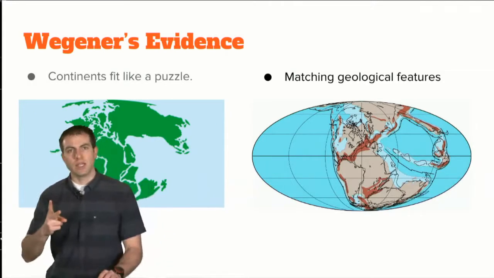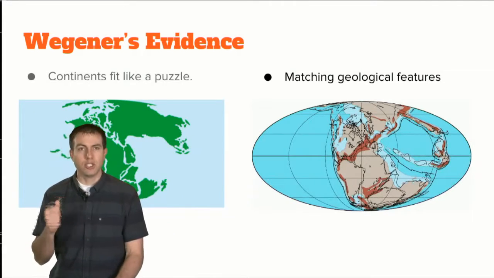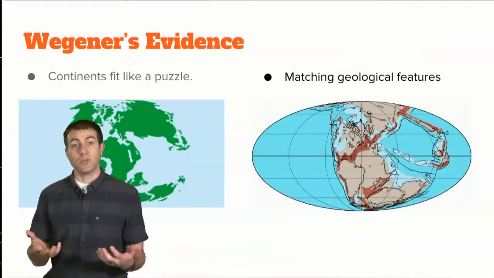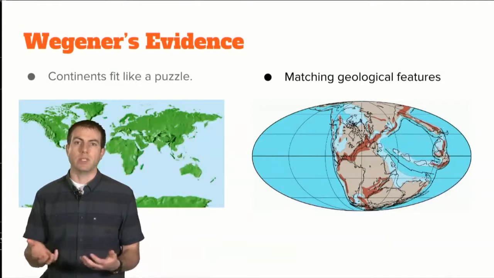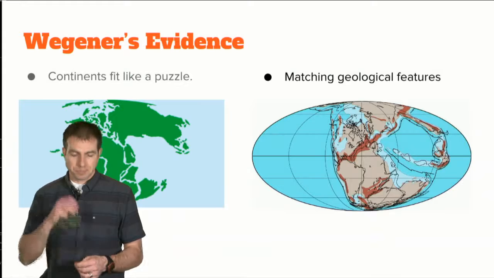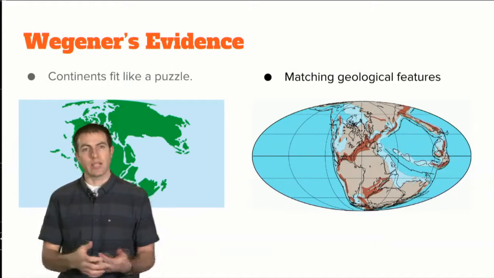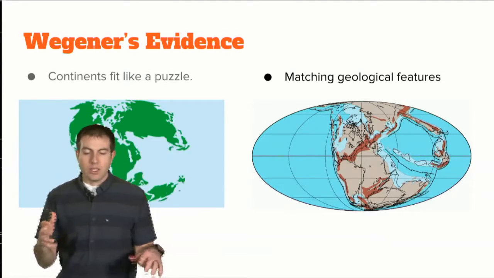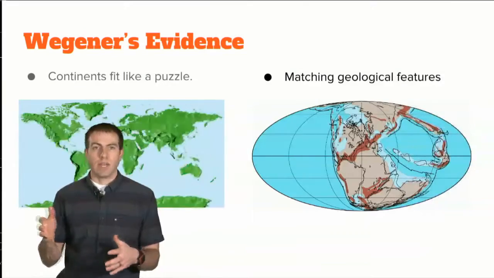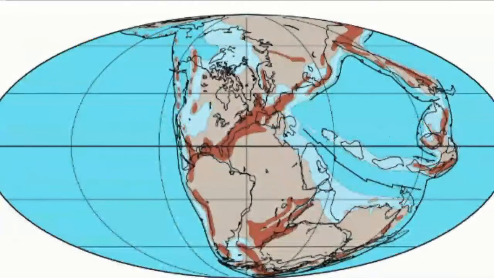So the second thing he started to look at was geological features. When we talk about geological features, we're talking about things like mountains and other things like that. On the east coast of the United States and up towards Canada, there's something called the Appalachian Mountains. They're a very, very old mountain range. They're not big and jagged like the Rocky Mountains, because the Rocky Mountains are relatively young.